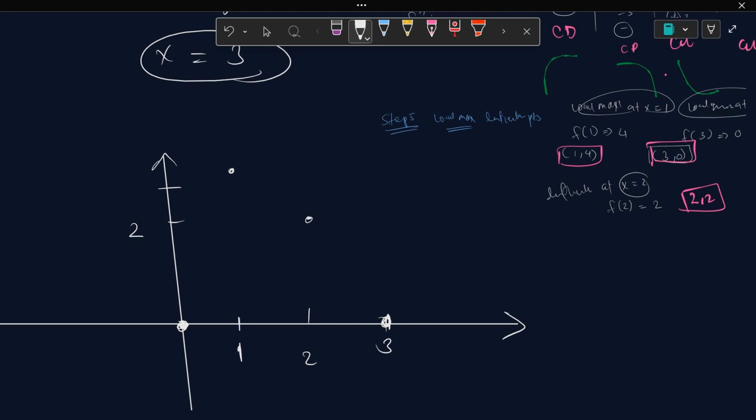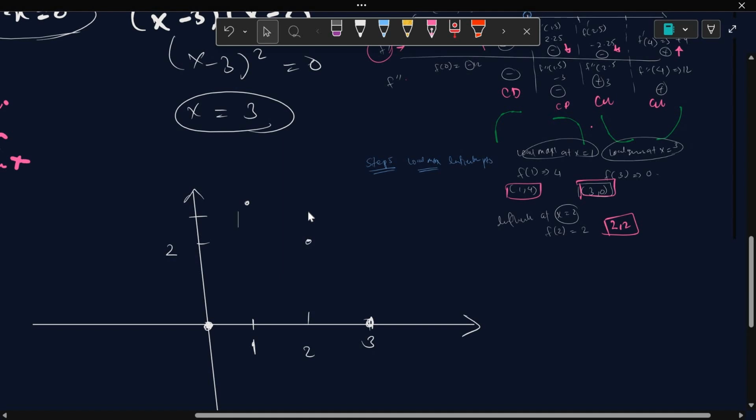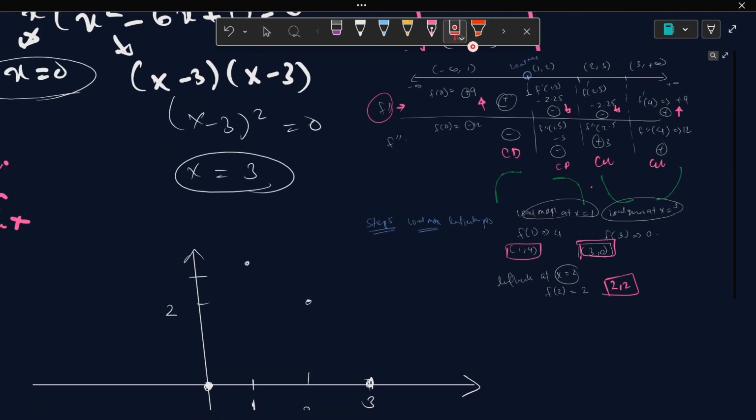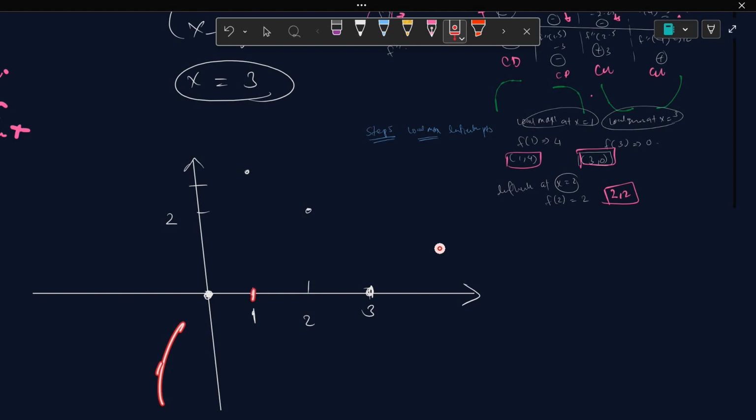Now how does the shape of the curve look? Looking at my intervals, I know from negative infinity to 1 my graph looks like this, and I know there's a point in here.